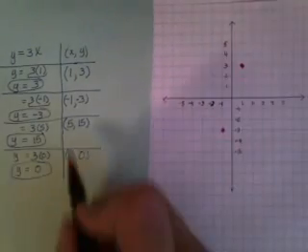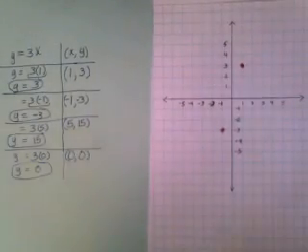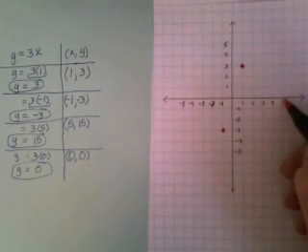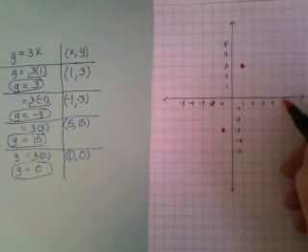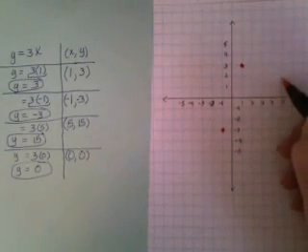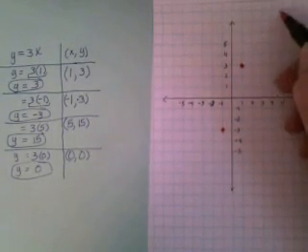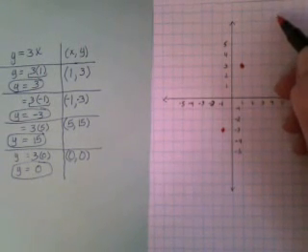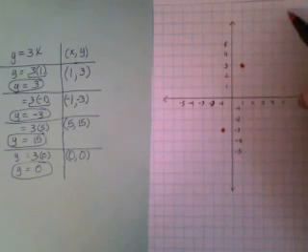Okay, then the next one is 5 and 15. So I'll find my 5 on the x-axis, here it is, and then I'm going to go up 15 to plot this point. Well, I keep going up, but 15 is way out there, and I think, do I really want to go way out there all the way up to 15?